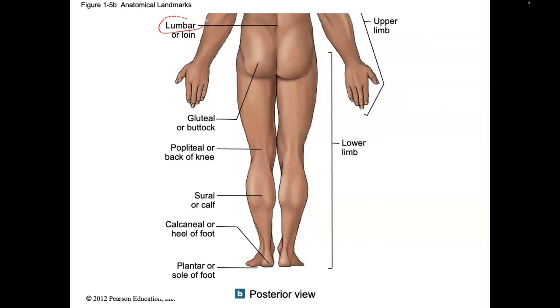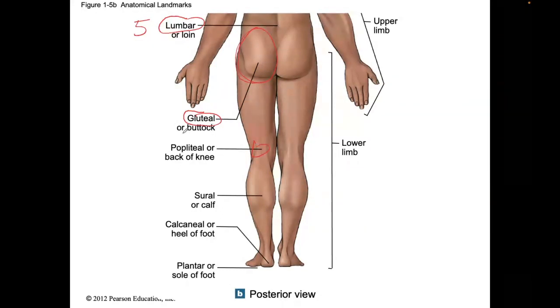So the lower back is called the lumbar, and we said there's 5 lumbar vertebrae. The rump itself is called gluteal. So when we do muscles and we learn about gluteus maximus, gluteus medius, gluteus minimus, you'll know where the gluteal region is.